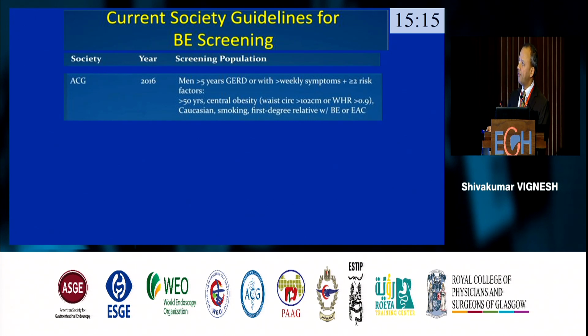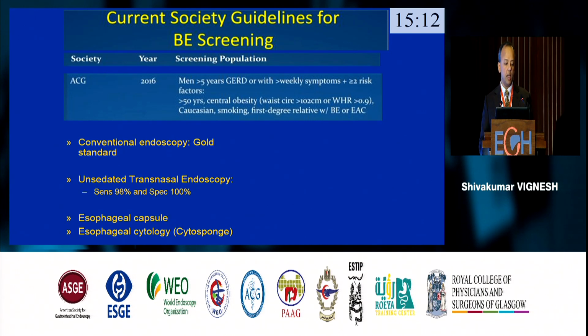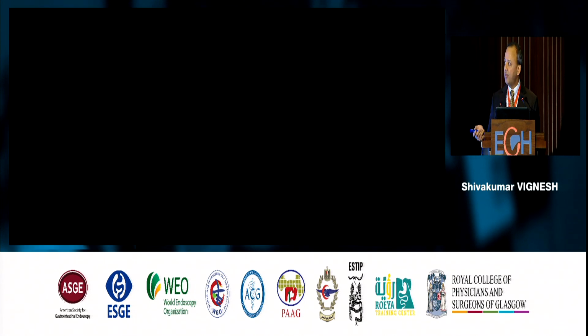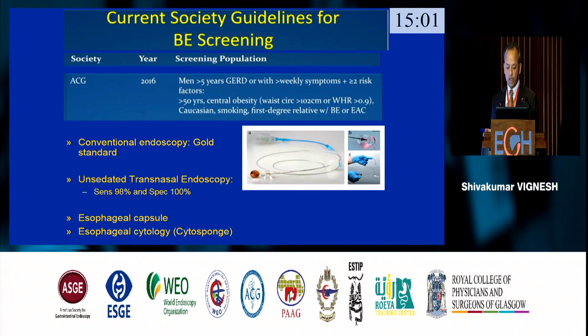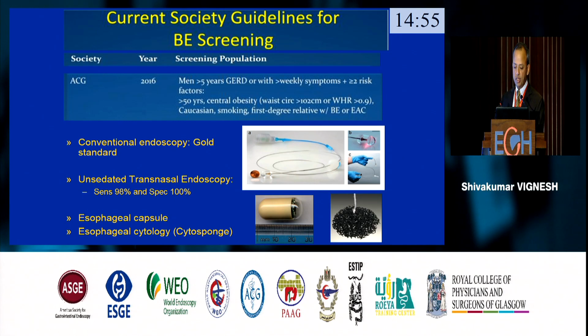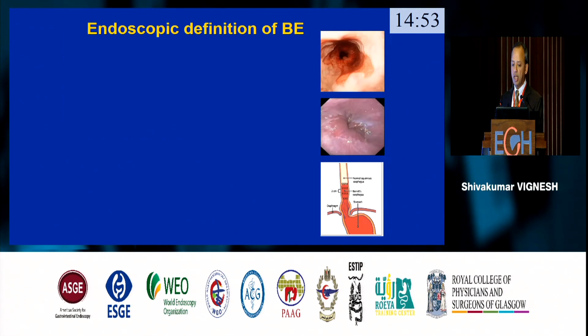If you have at least 2 of them, then it merits screening. Conventional endoscopy is still the gold standard. You have unsedated transnasal endoscopy with excellent sensitivity and specificity, but it's not so popular as it's unsedated. And then there's also the esophageal capsule and the esophageal non-invasive Cytosponge. These are promising, but not yet mainstream or in the guidelines.